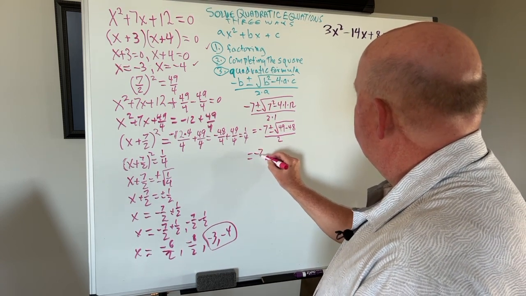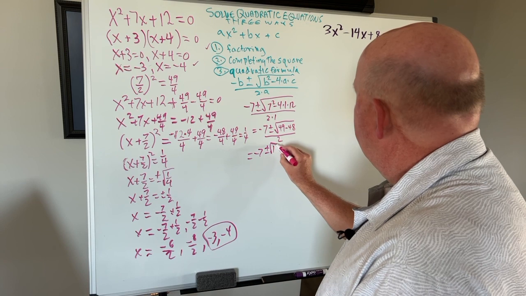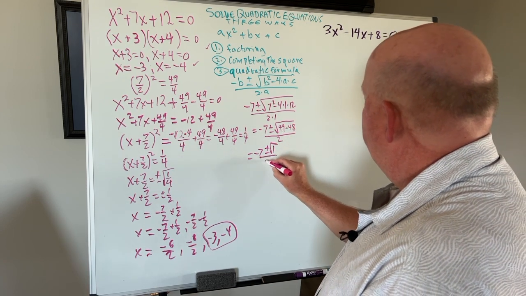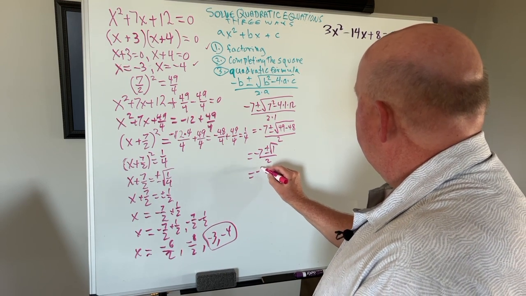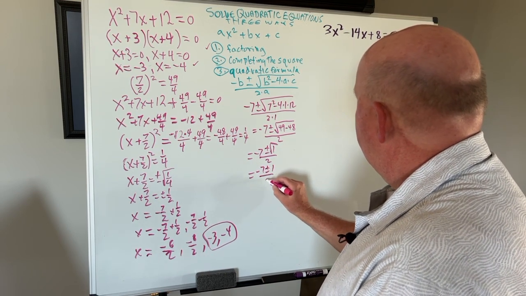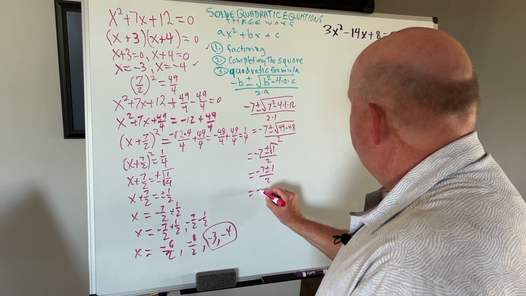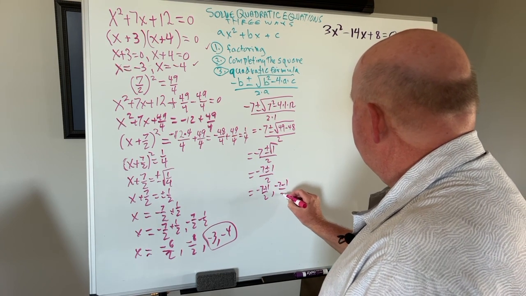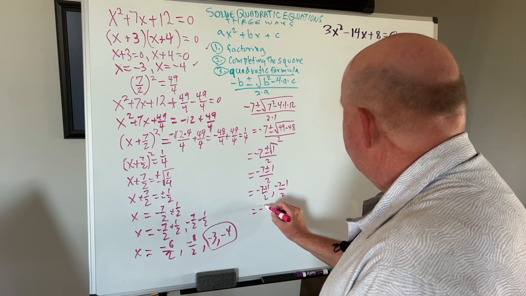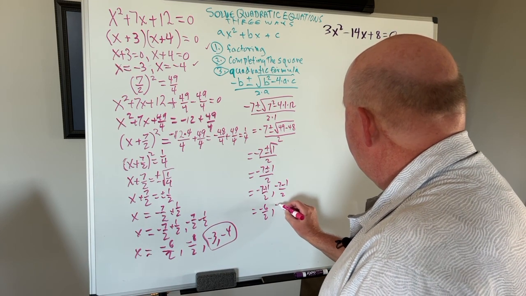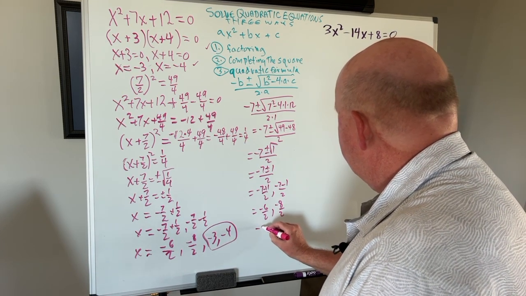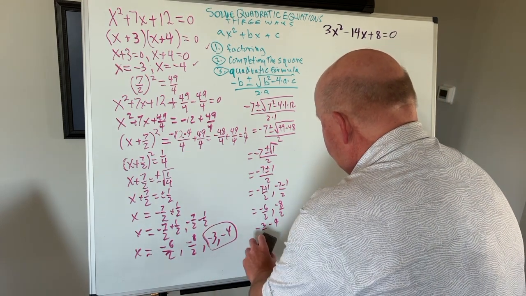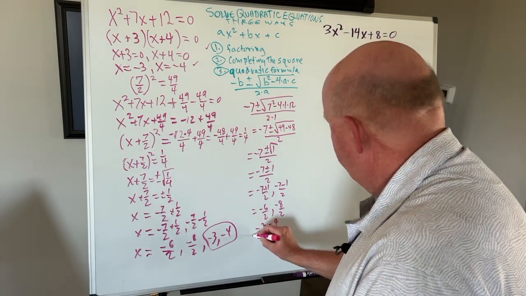That equals negative 7 plus or minus 1 over 2, which equals negative 6 over 2, or negative 8 over 2, which equals negative 3, or negative 4, which is the same as we got before.